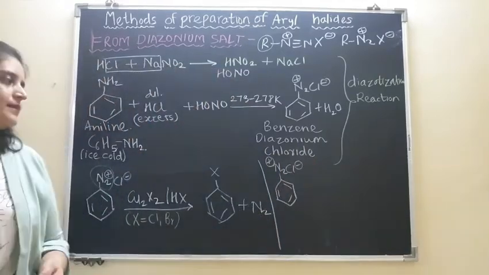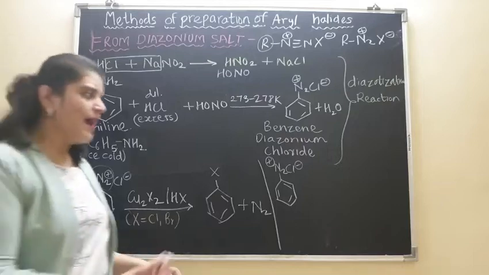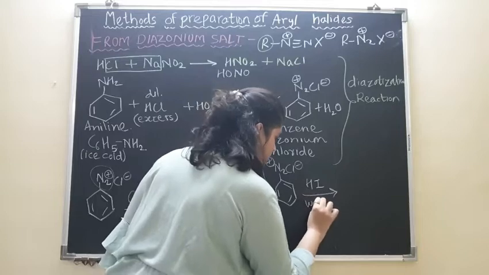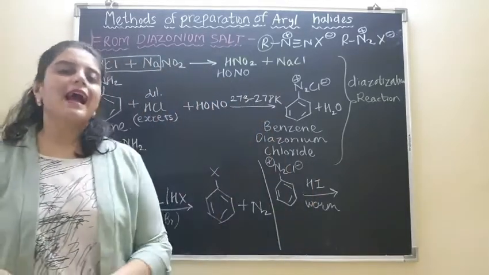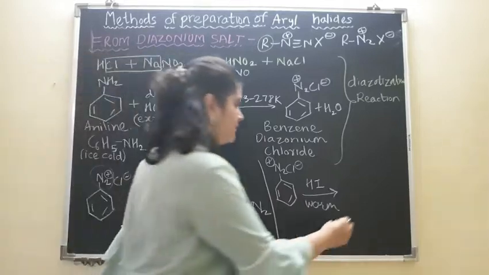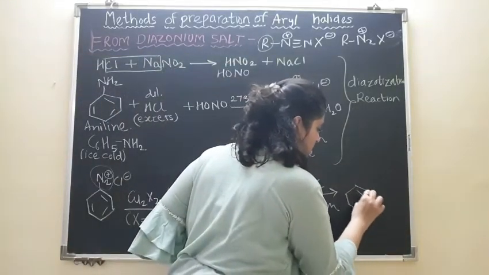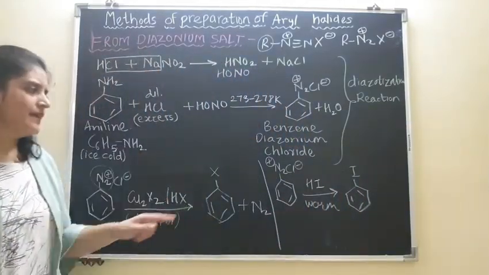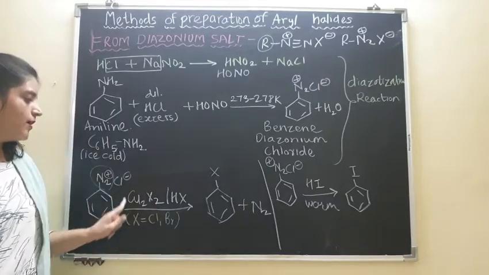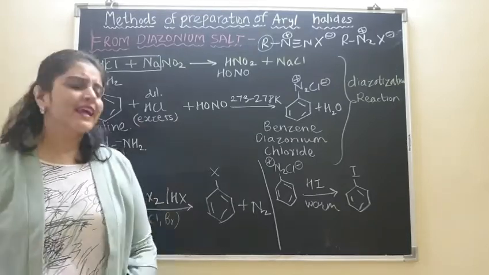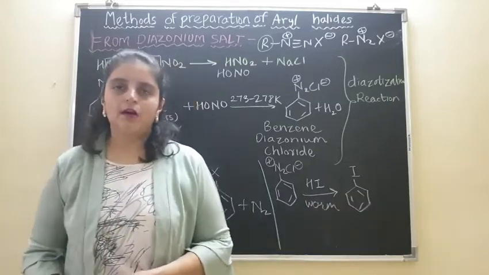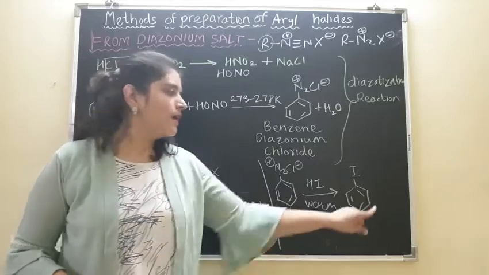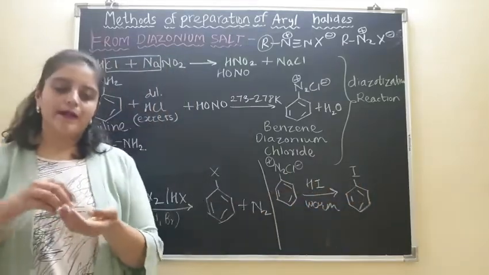Here I have taken benzene diazonium chloride and I will simply add HI to this and I will get formation of iodobenzene. So for preparation of iodobenzene we do not require Cu2X2. This is the best method for inserting iodine in an aromatic compound.